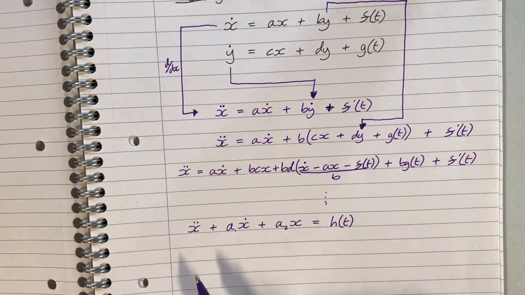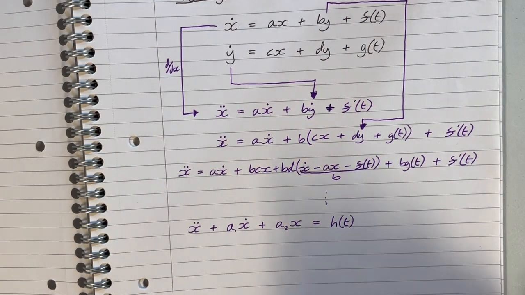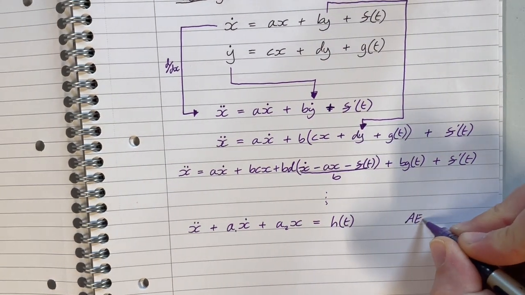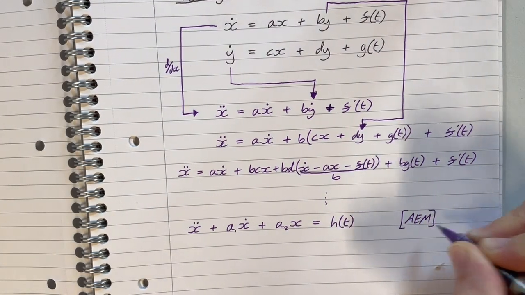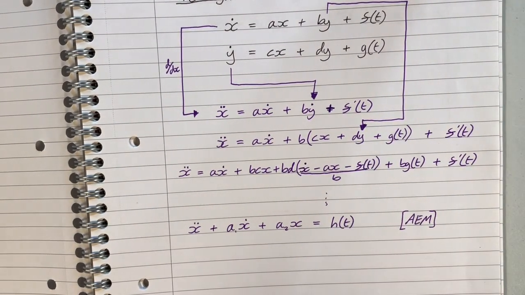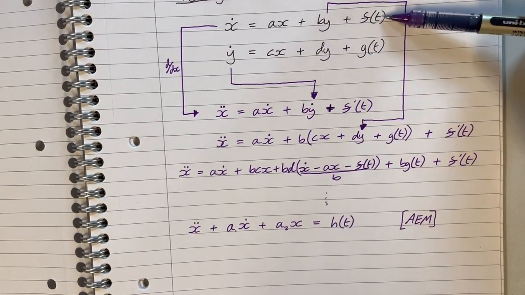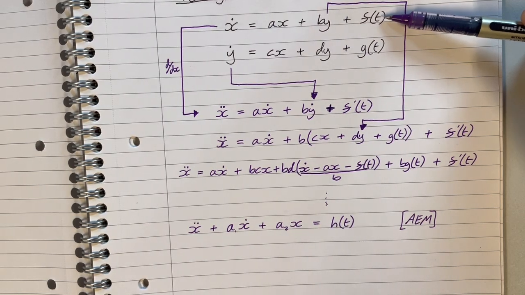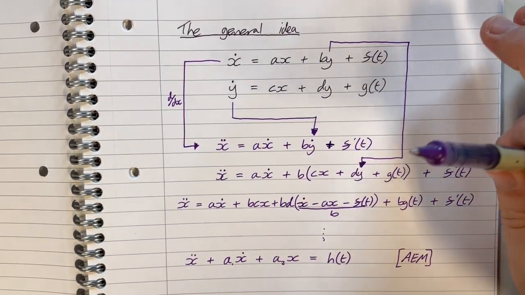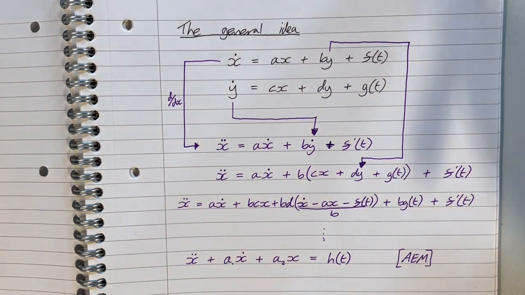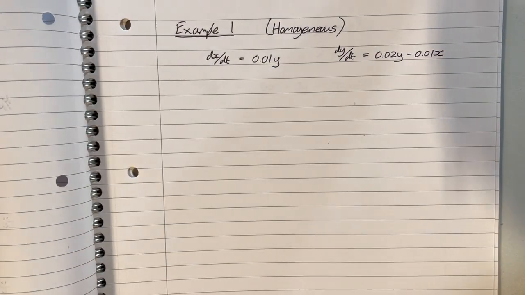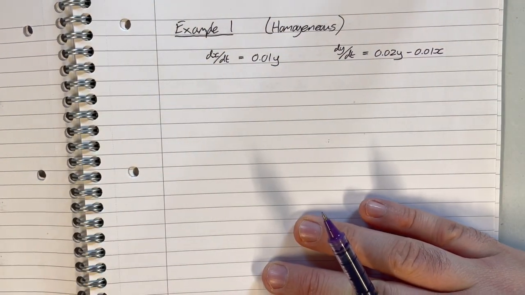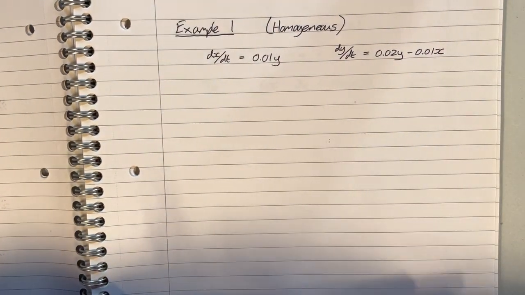And once you get to this, then it's just a case of using the auxiliary equation method to solve that from there. Once you get a definition for x, we can then run that back up through here to find the definition for y. So that's the idea of these equations. Let's have a look at seeing this in action. So here we have an example question. This is a homogeneous system.